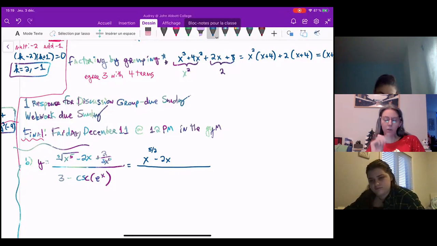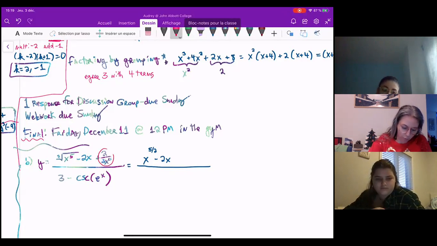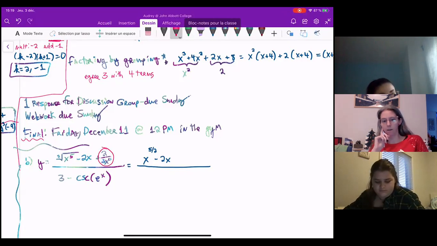When you simplify this 2 over 3x to the fourth, what's it going to look like?